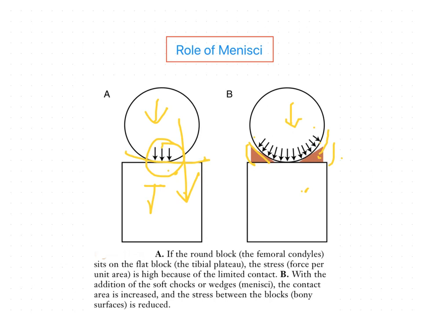Here the stress is increased because of the limited contact. Okay, now the meniscal nutrition and innervation. The location of the meniscal lesion, along with the age and health of the patient, influences the options available after injury because of the capacity of the meniscus to heal.